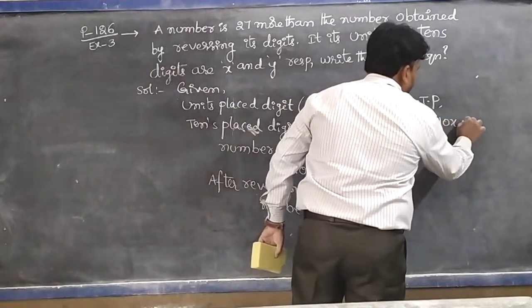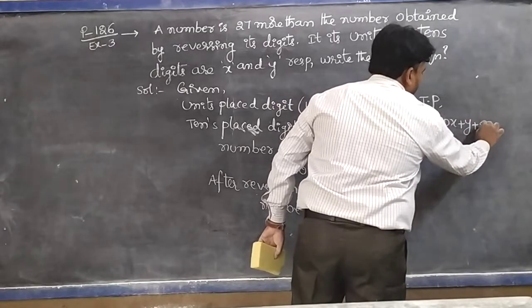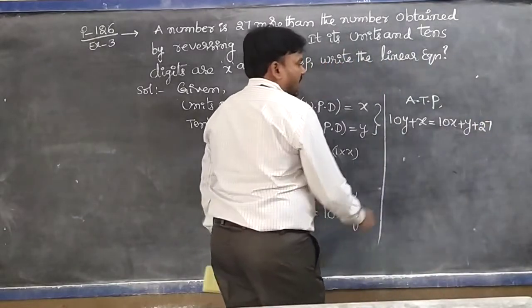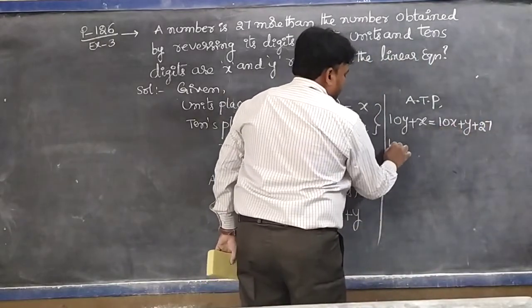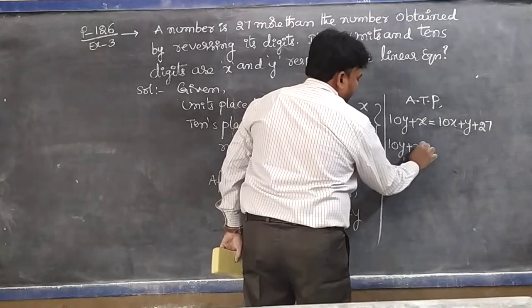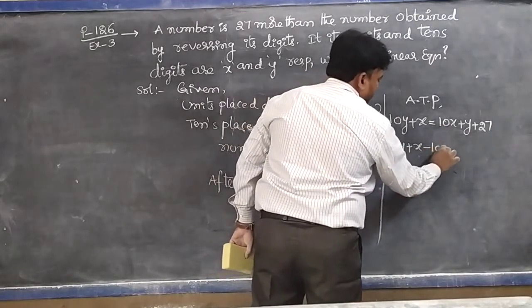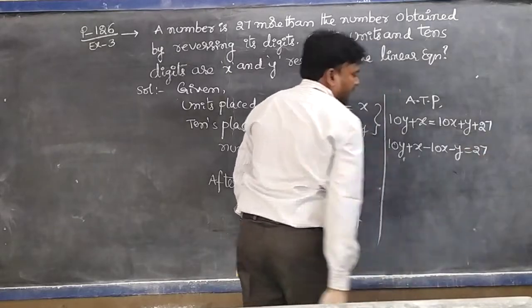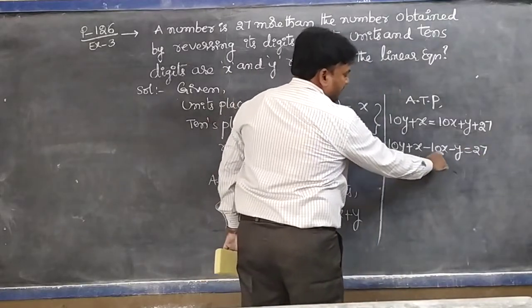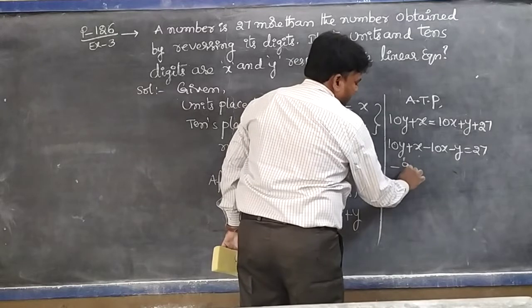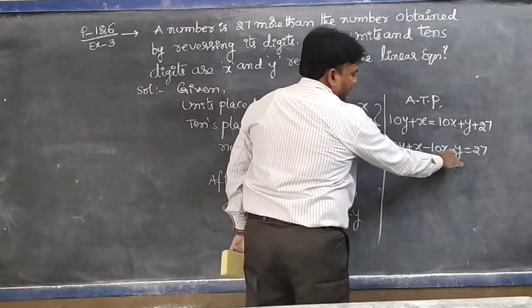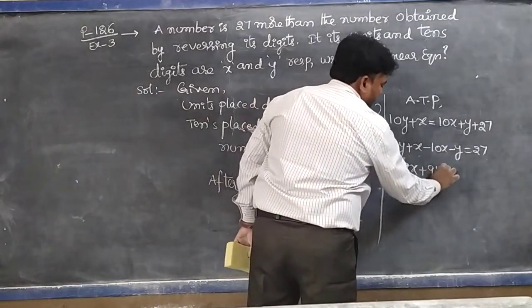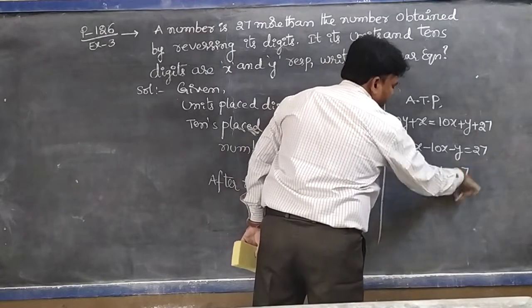How much more value? More means you can take plus 27. This value transferred to the left side: 10y plus x minus 10x minus y equal to 27. Plus x minus 10x means minus 9x, 10y minus y means plus 9y, equal to 27, students.